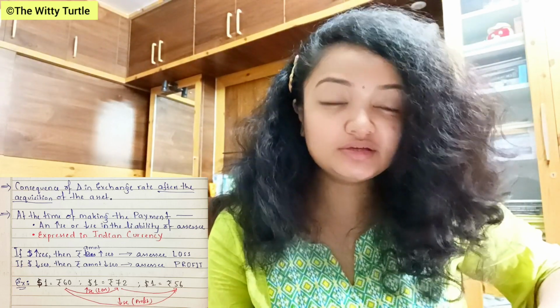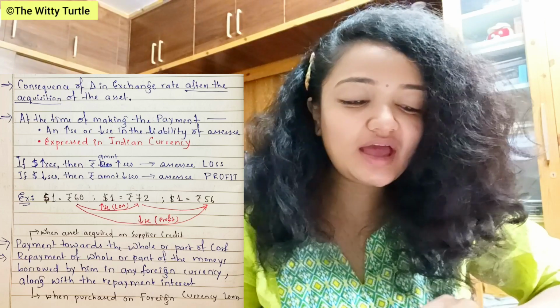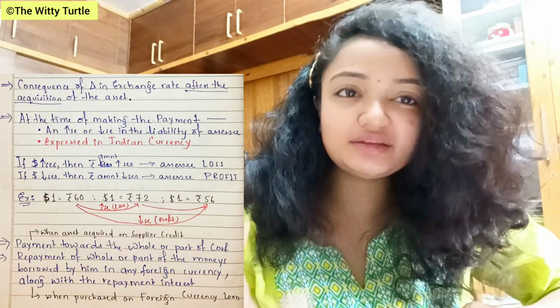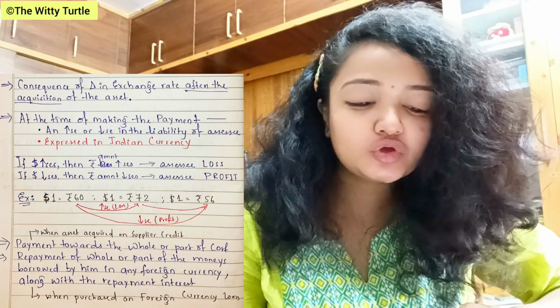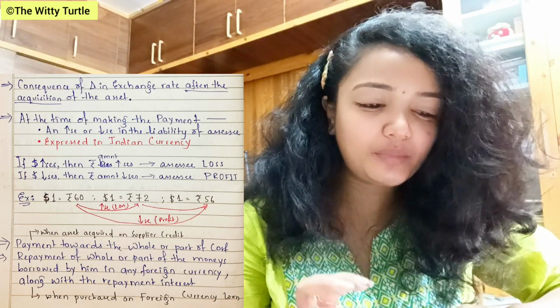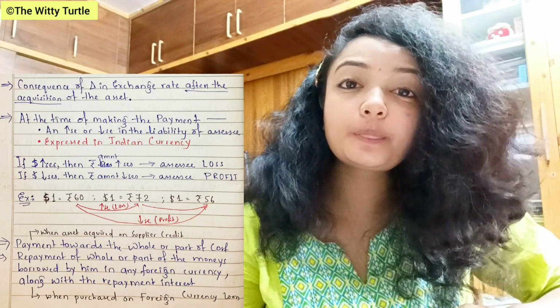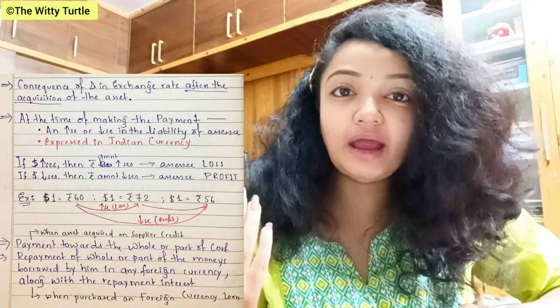So now the section also says that when the asset is acquired on foreign supplier credit, foreign supplier से जब आप credit लेके खरीद रहे हो, so the payment towards the whole or part of the cost will be adjusted.